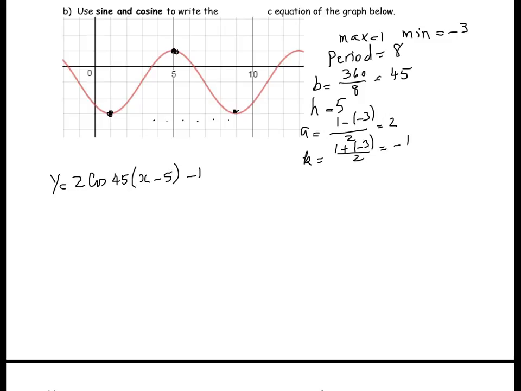So this is our cosine function. To find the sine function, I'm going to add 90 degrees to the argument of the cos. The argument of the cos is the whole thing here. So I'm going to write 45 x minus 5 plus 90 minus 1.